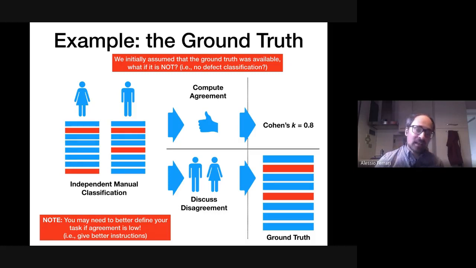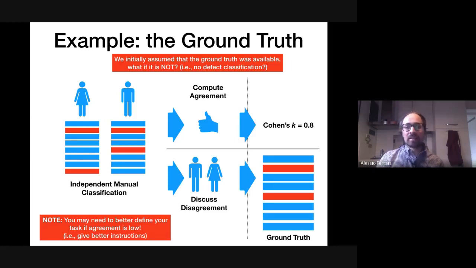And in this case, things get very complicated, because you have to redo the task, involving these people another time. So the best thing is to start from a set of requirements in which you already start giving them instruction and let them agree on a strategy for tagging, on a strategy for requirements defect identification.